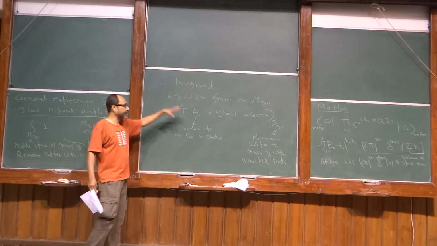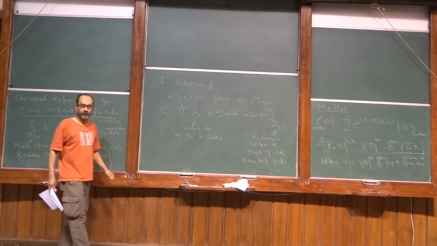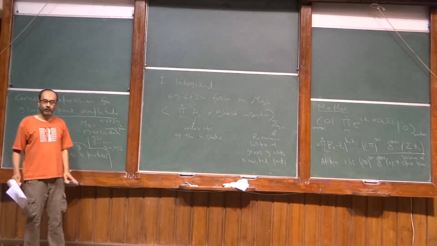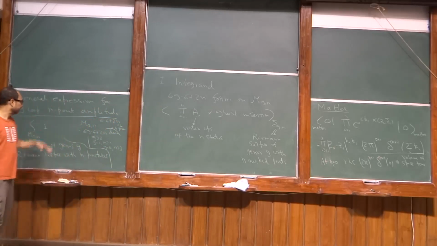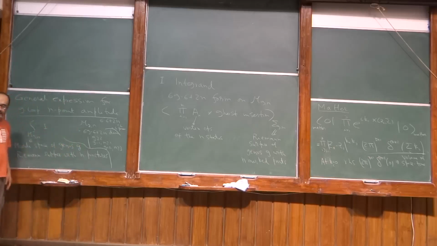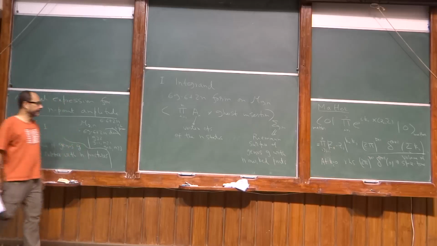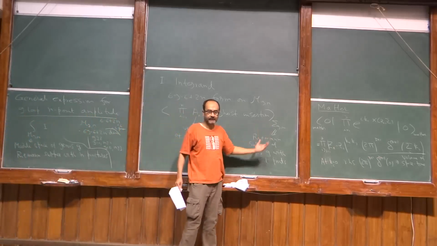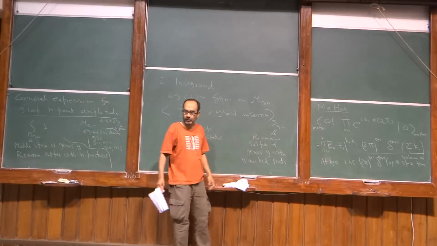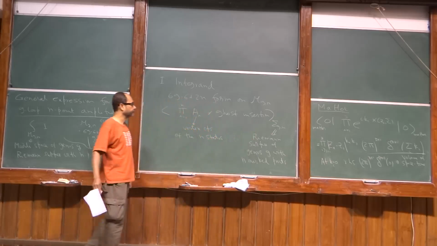So this is the general structure of the genus g n-point function. And our goal will be to make this more explicit, by first saying how to parameterize M_gn, and then specifying how to write down this integral. What kind of ghost insertions you have to use in the integral.